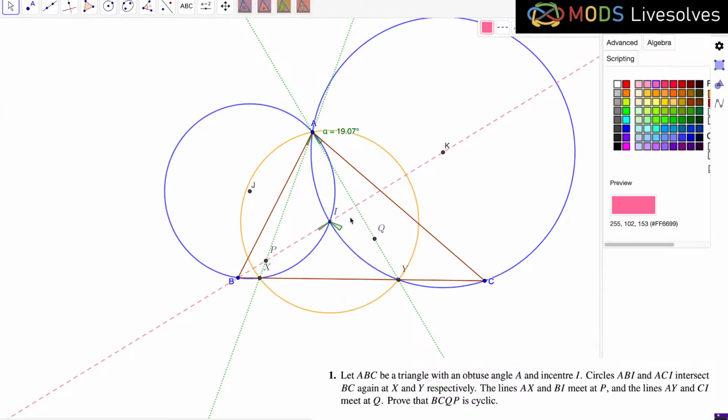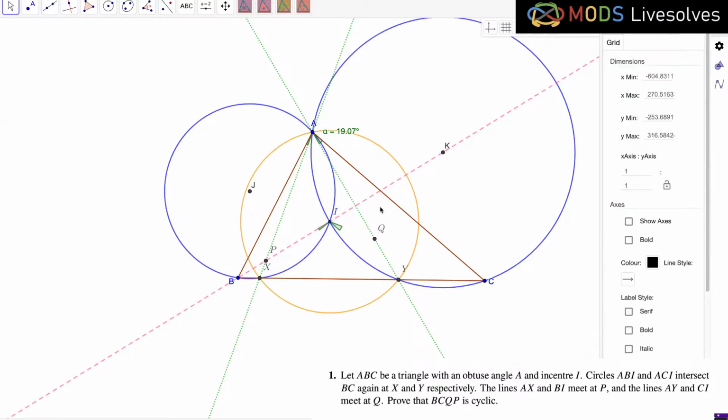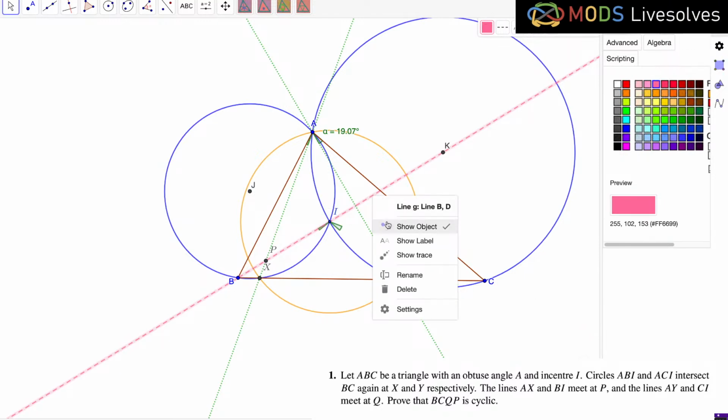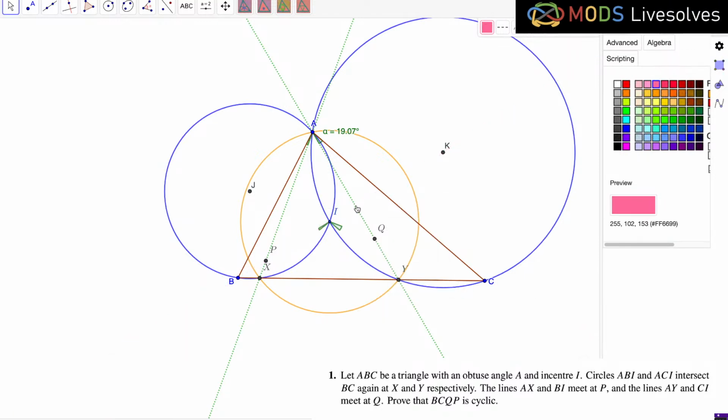Wait, nah. The right angle thing is actually really easy to prove with the isosceles triangles. So it's literally just BXA equals BIA. And I'll just draw an AI line.